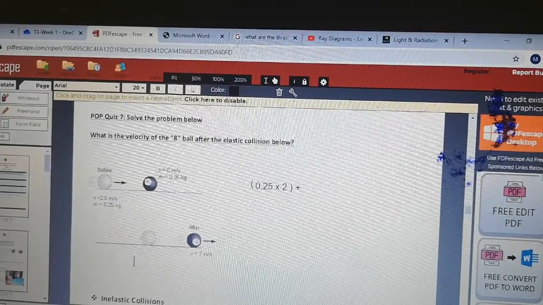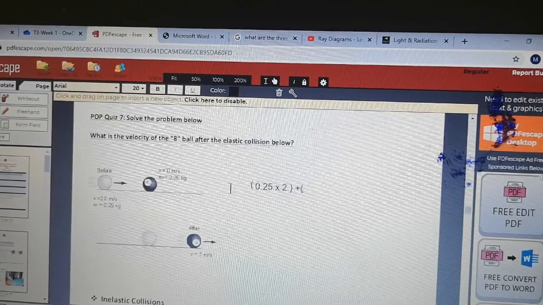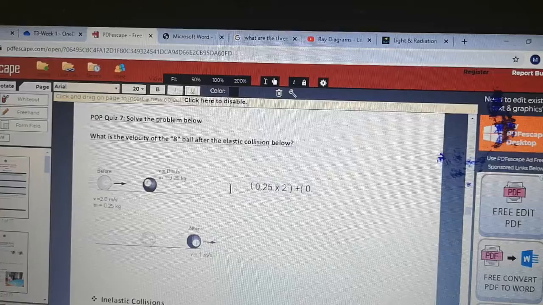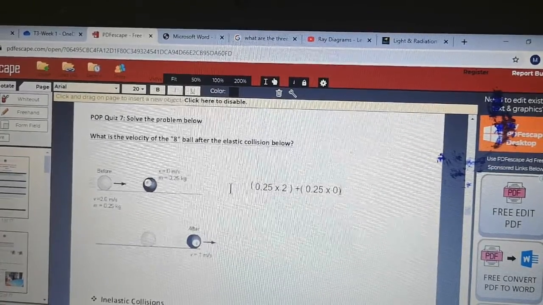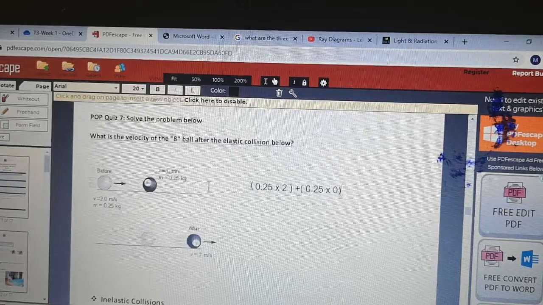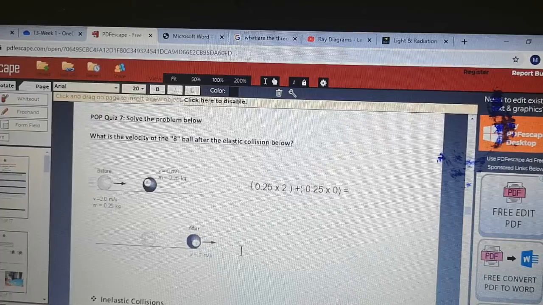Add the mass and the velocity of this one, 0.25 again, so they're the same mass, times 0, because there is no speed. This one is not moving yet, and this will equal the mass and the velocity of this one plus the mass and the velocity of this one.